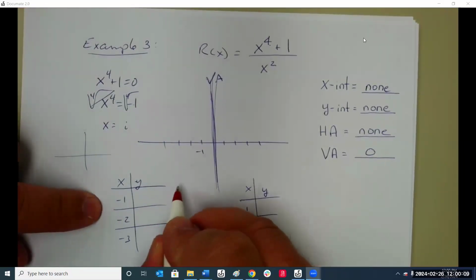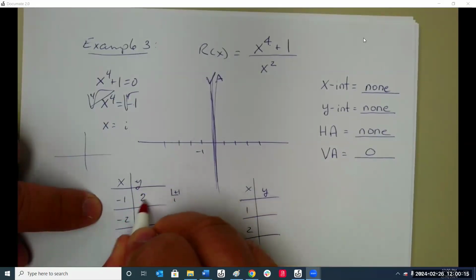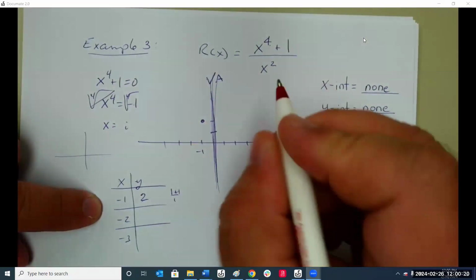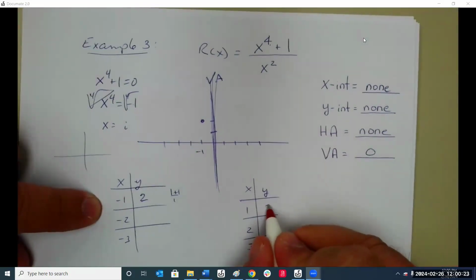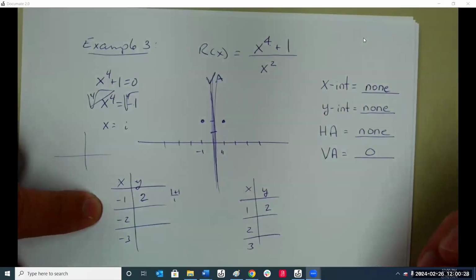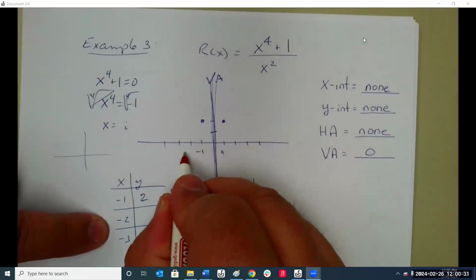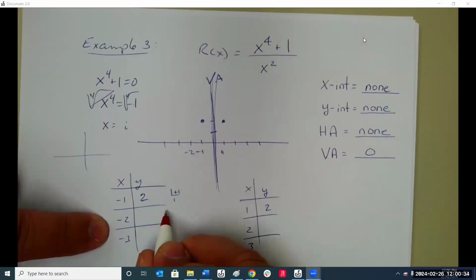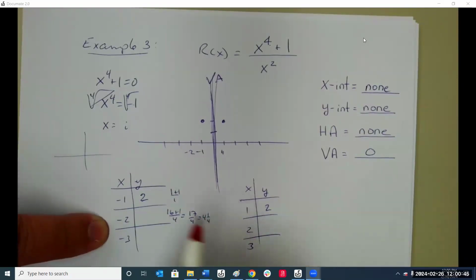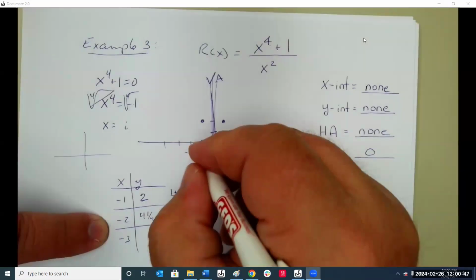So when x is -1, we have 1 plus 1 over 1, which is 2. Same thing, because it's an even function. When x is 2, or -2, we got 16 plus 1 over 4. We got 4 and 1/4.